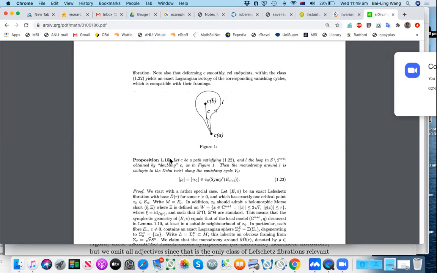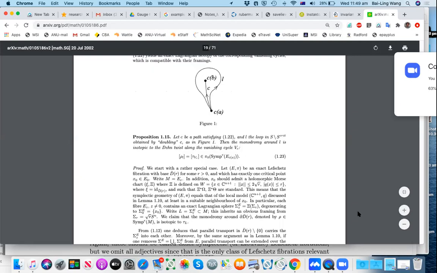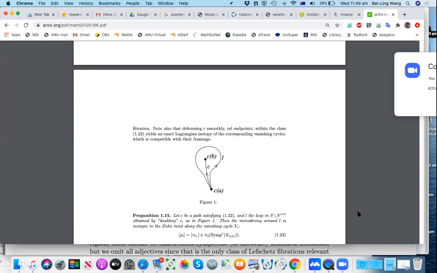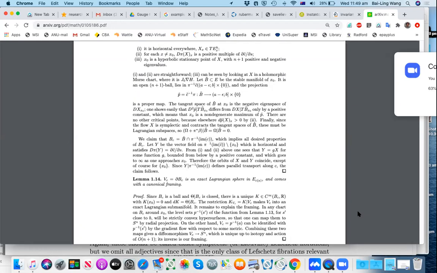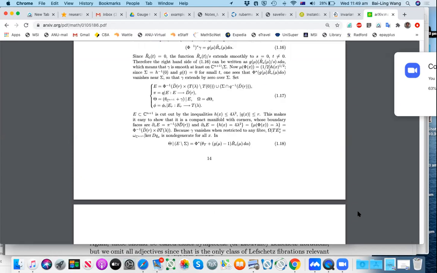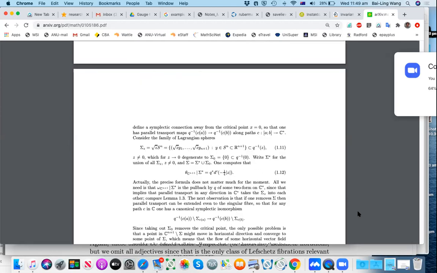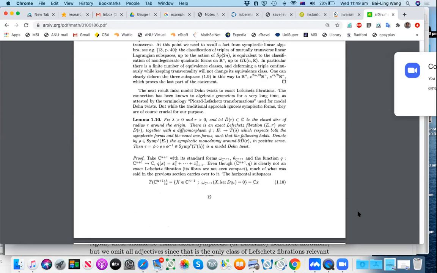I think one lemma is quite important, which is how to show the monodromy is the Dehn twist. It is Lemma 1.10. I think that one is quite important, but I can't see how it works.